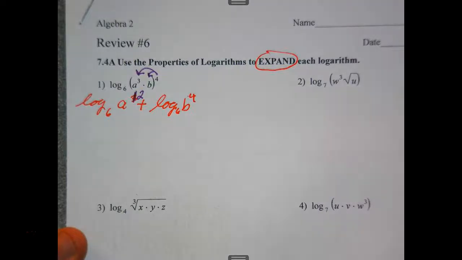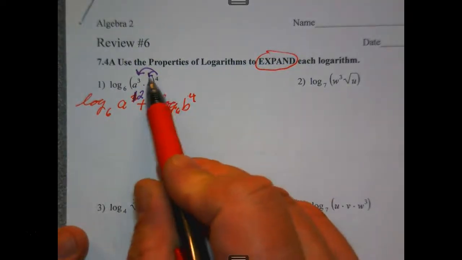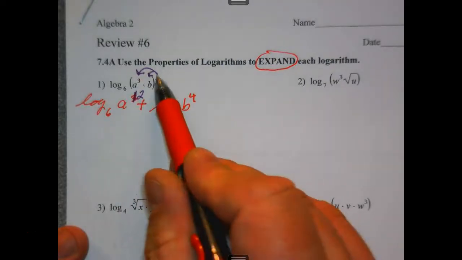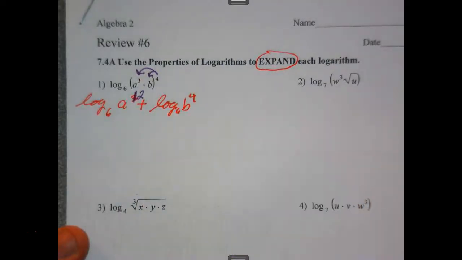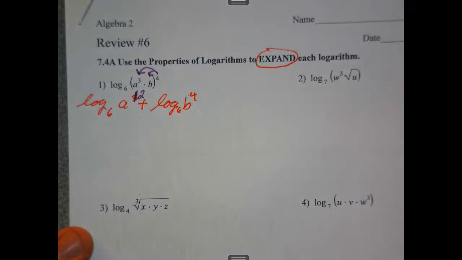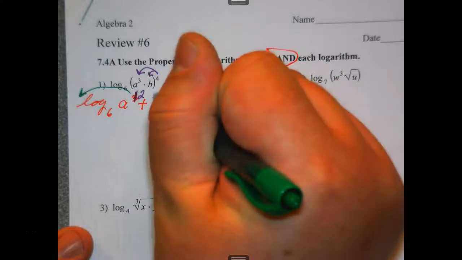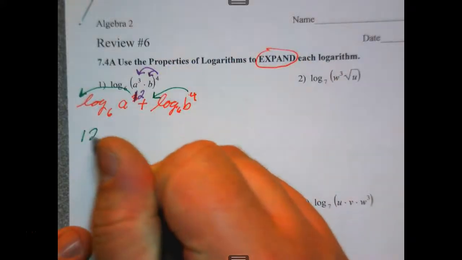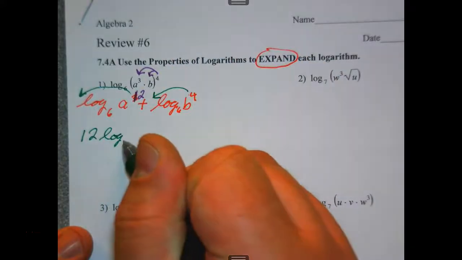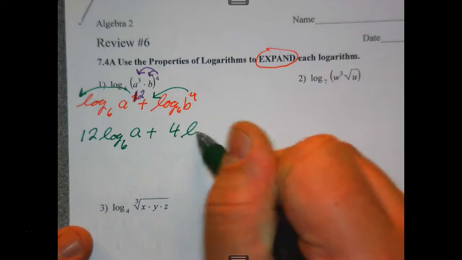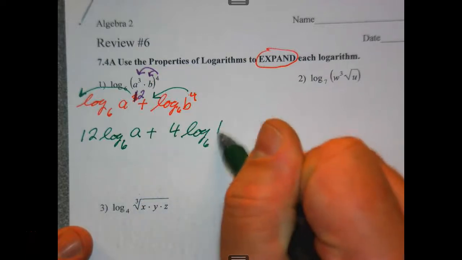See, the 4 is out on the parentheses. So 4 times 3 is 12. 4 times 1 is 4. Then I need to bring those exponents out, right? So I get 12 log base 6 of a plus 4 log base 6 of b.